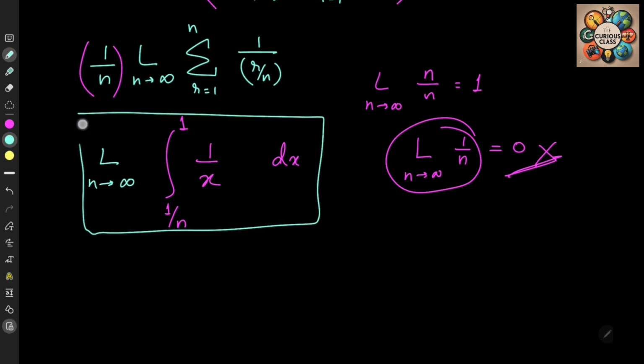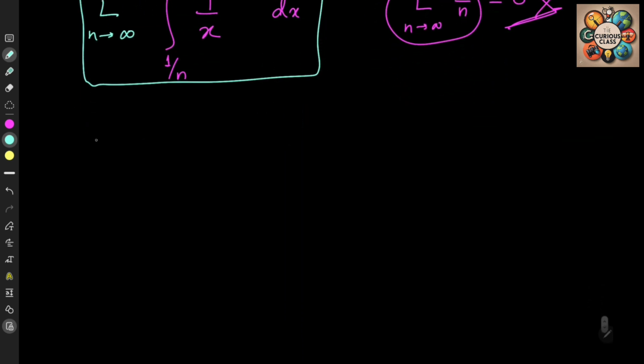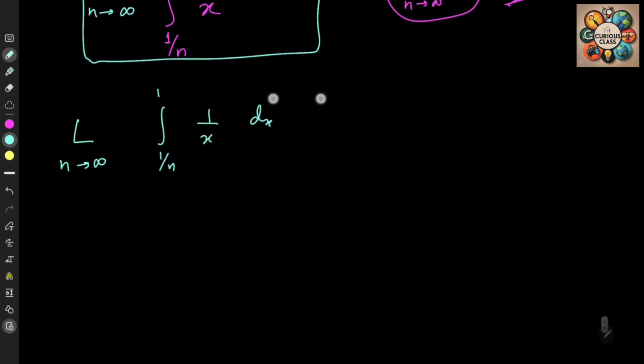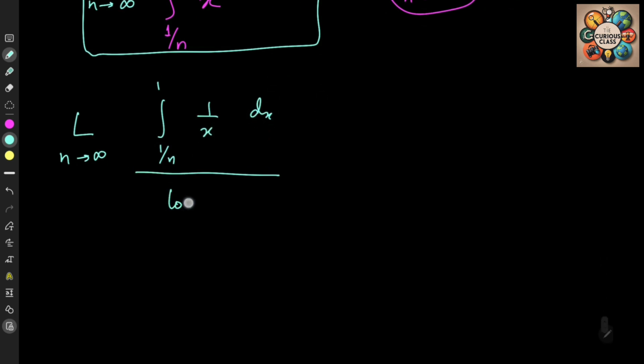If we put 1 by n equal to 0, this limit will die, so in the latter part we won't be able to apply this limit thing. So to keep this limit alive and active, we must write this as just 1 by n.